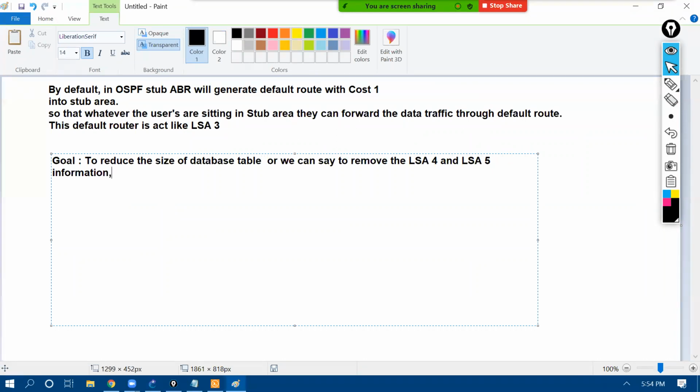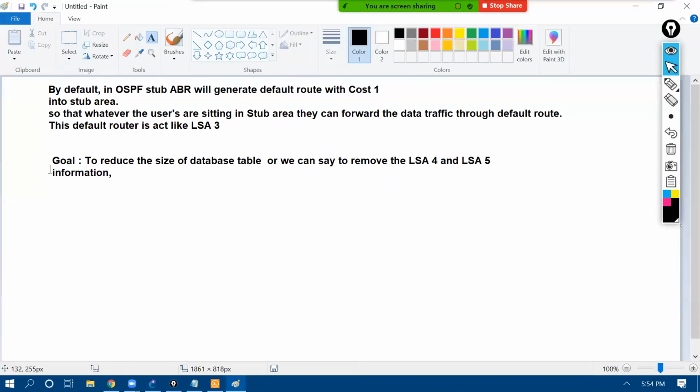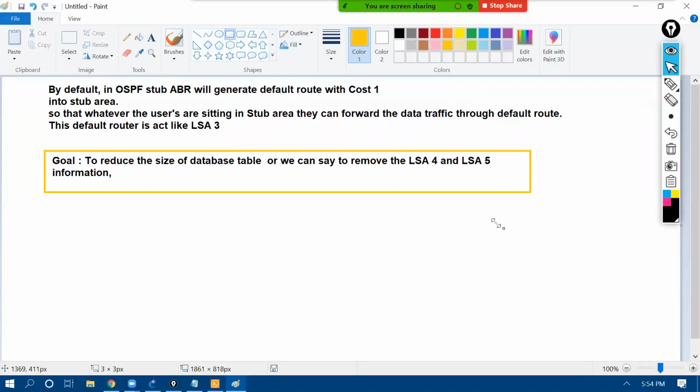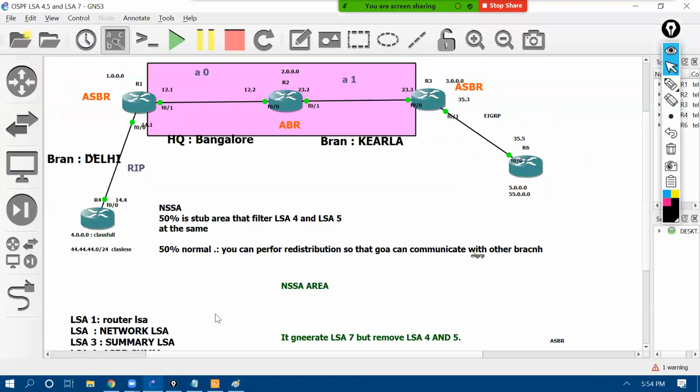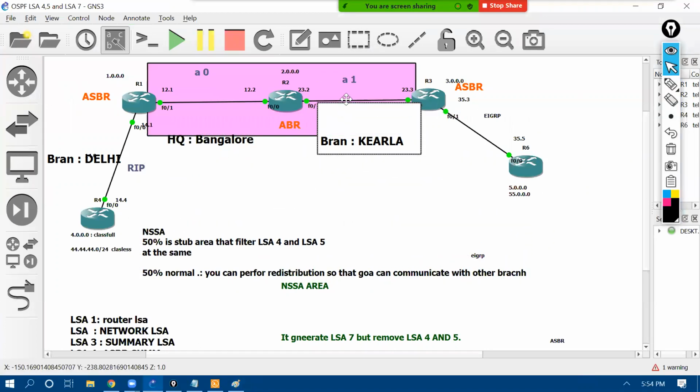This is my goal. Now, what is the problem happening with the stub area? Try to understand what the problem is. This area 1 is my stub area right now. And what is the problem with this stub area?